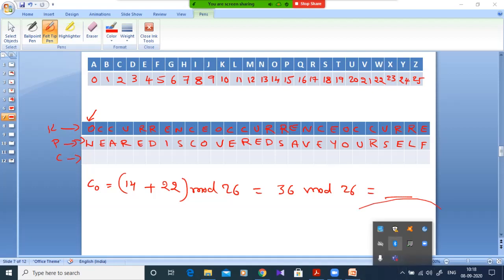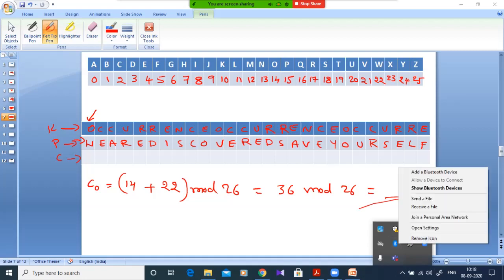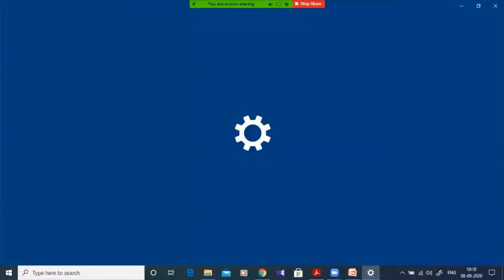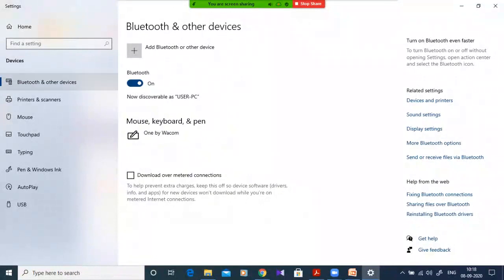Similarly, remaining, please tell me. I hope all of you know the procedure. If anyone has any doubt, please ask. R and S, 17 plus 18. How much? 9, sir. 9 means J. Now see here.